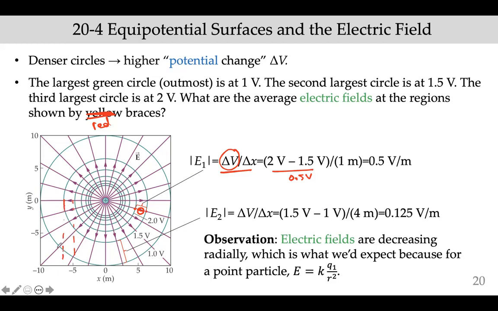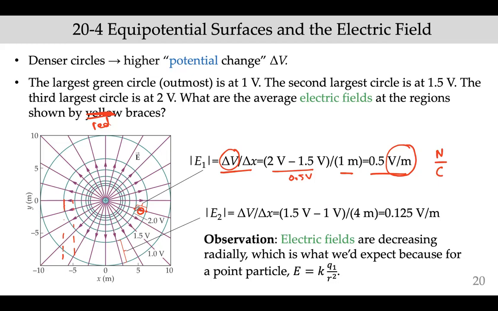It's not given in the figure, but you can take it as 1 meter. If you calculate it, it's 0.5 volts per meter. And remember, volts per meter is one of the units of electric field. The other one was newtons per coulomb, which is the same thing.